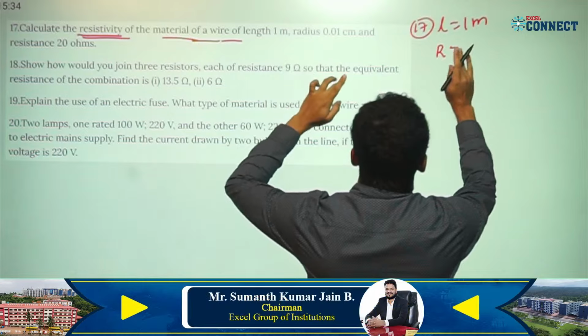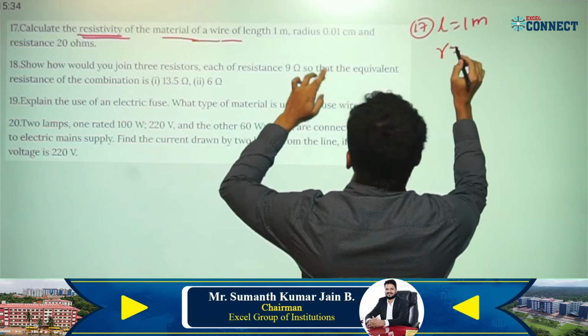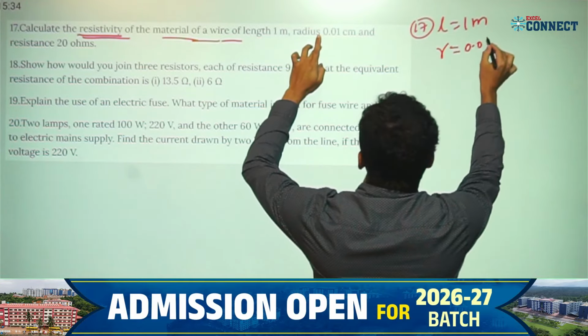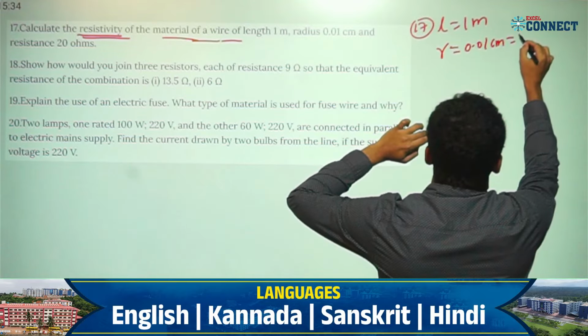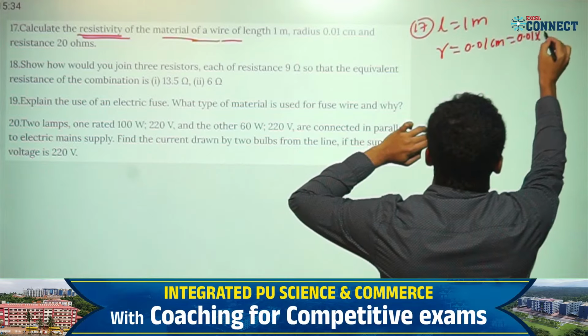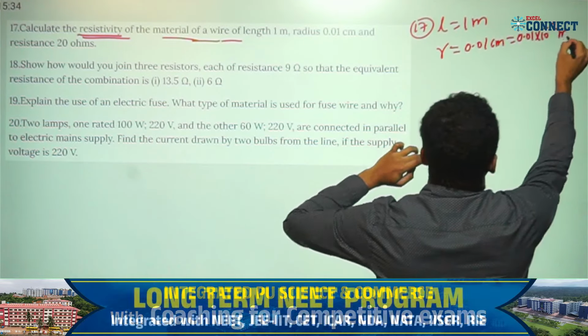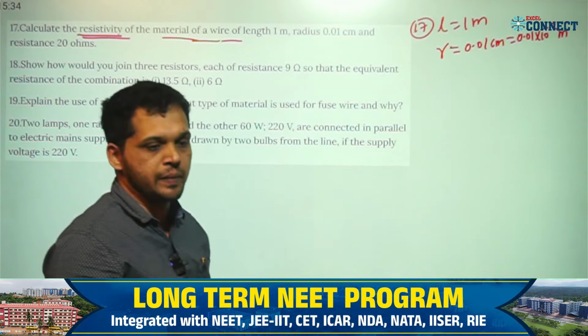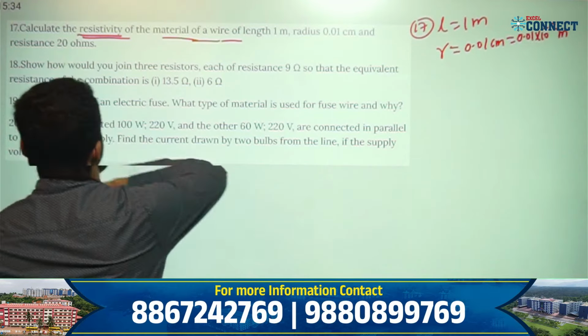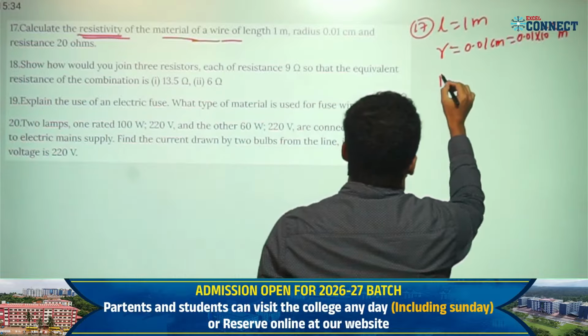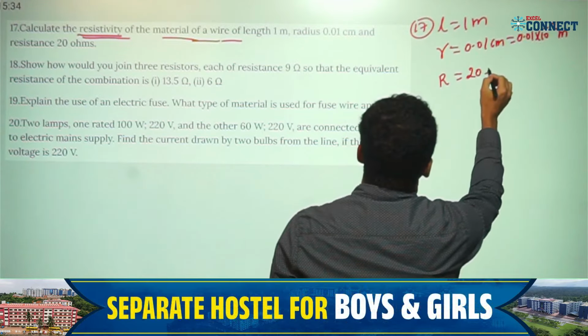Radius, I'll write a small r, of the wire is 0.01 centimeter. I'll write this as 0.01 into 10 power minus 2 meter, converted into SI system, meter. Next, resistance is given, 20 ohm.